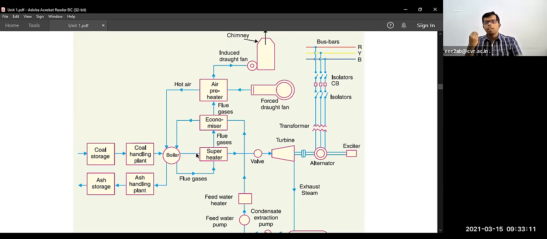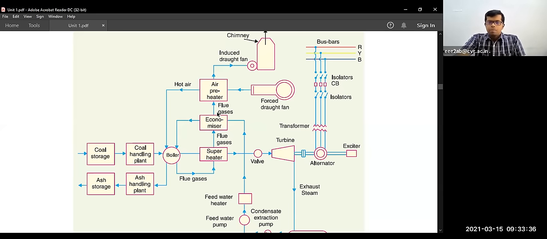You need more time for the water to get heated up. So if you are blowing hot air, instead of taking some 10 minutes in the boiler, the time will get reduced. So that also we are extracting the heat here.